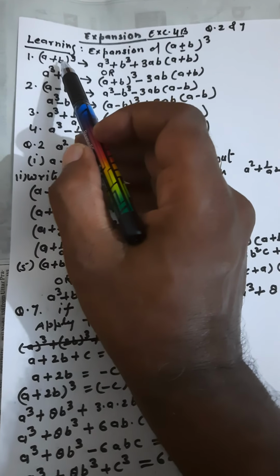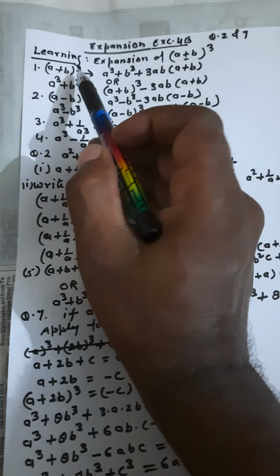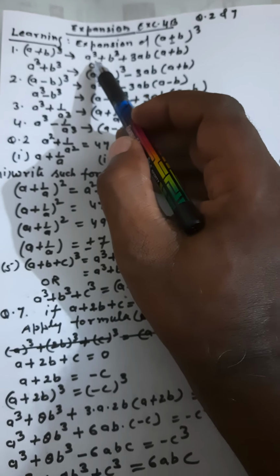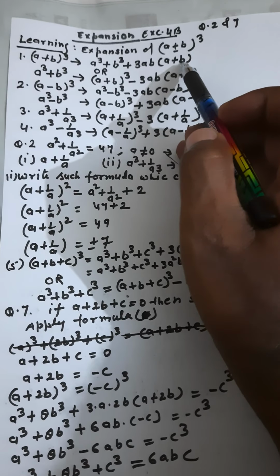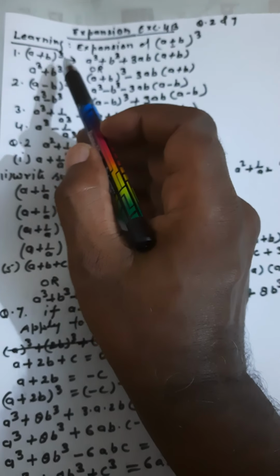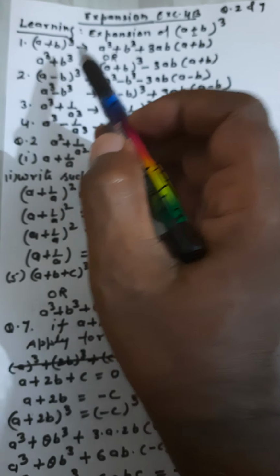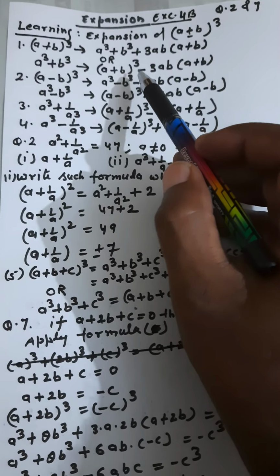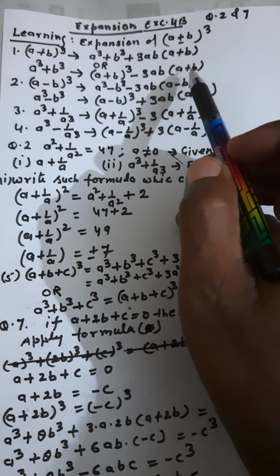So see here, what is the first formula? (a + b)³ = a³ + b³ + 3ab(a + b). The same formula we can write as a³ + b³ = (a + b)³ − 3ab(a + b).